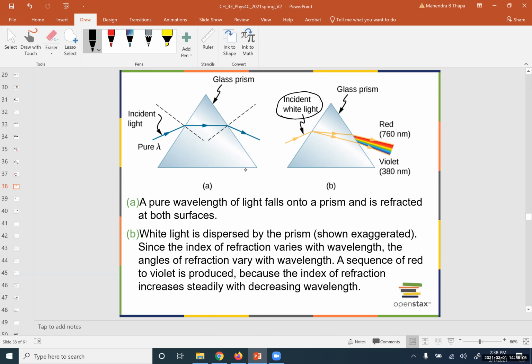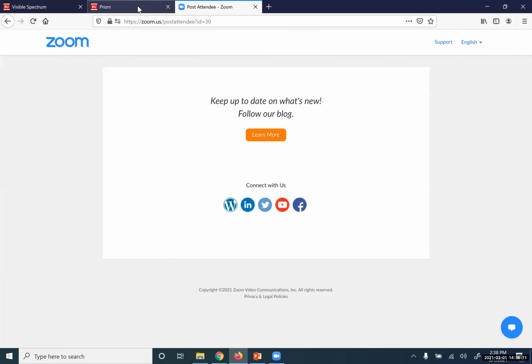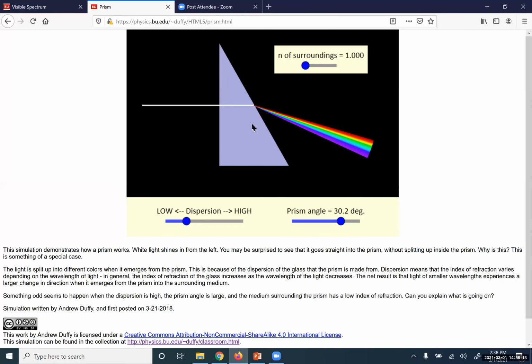I will show you on a demo. You can see here that this is the white light I pass through the prism. It breaks up into 7 different colors. It also depends on the refractive index. If I increase the refractive index from low to high, the separation of color will change.